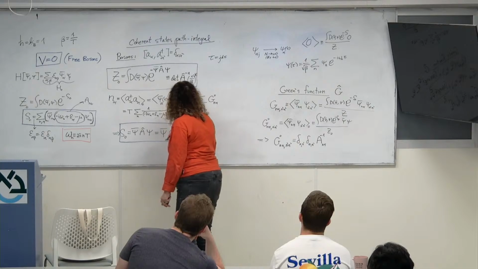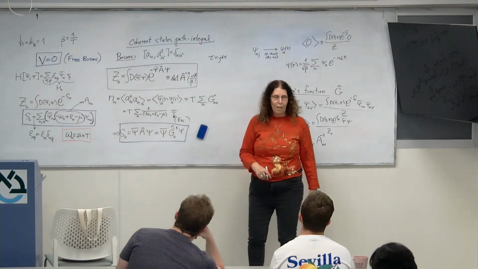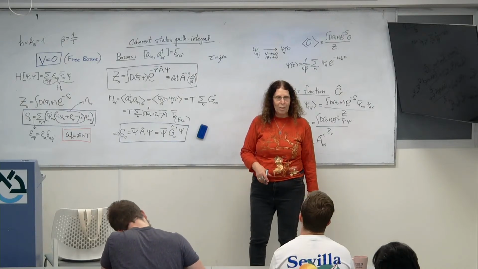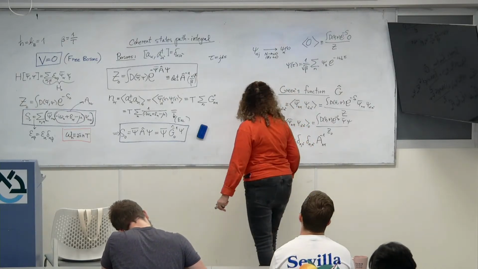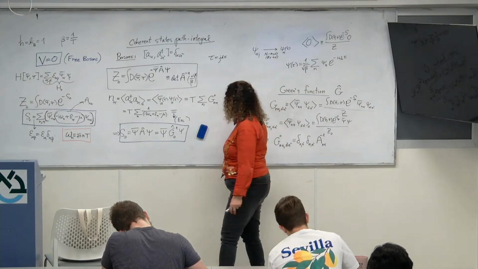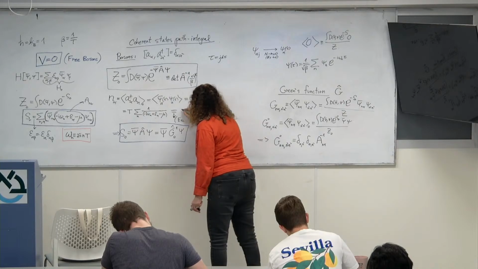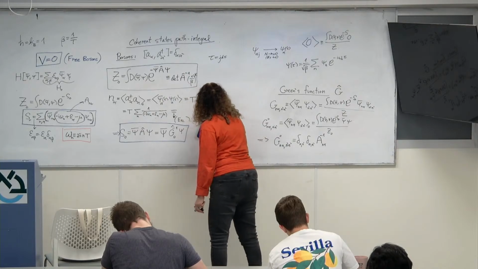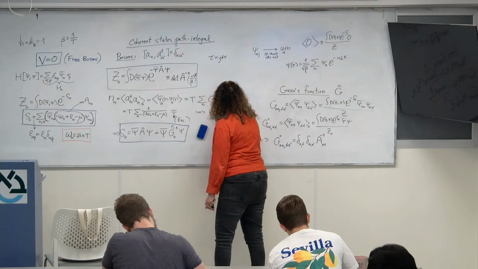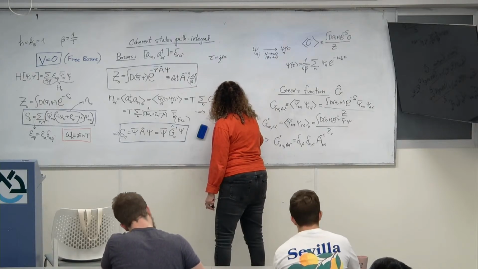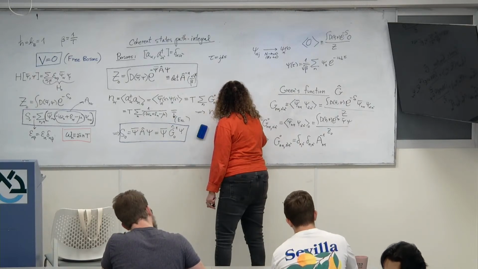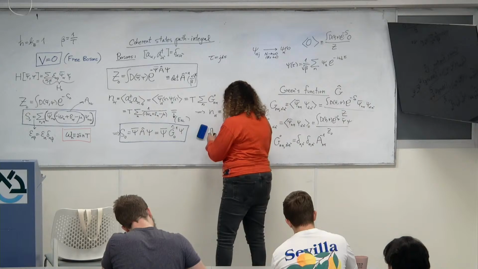This is an exercise that either Sar will do or you will do in homework, an exercise in Matsubara summation. What it will give you is exactly 1 over e to the beta epsilon alpha minus mu, minus 1.